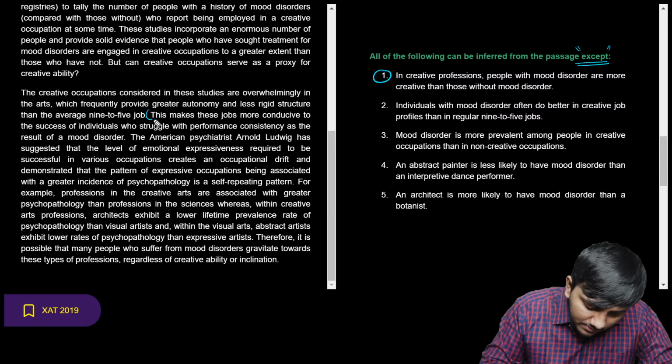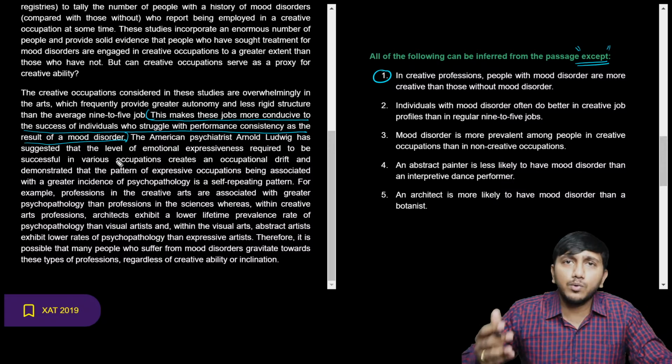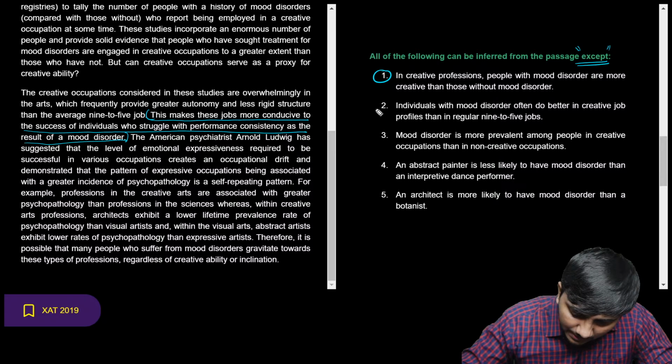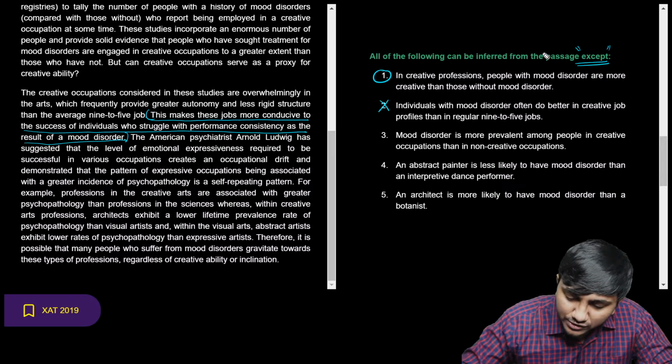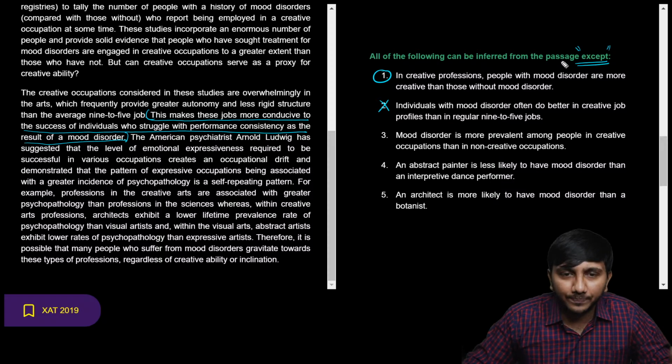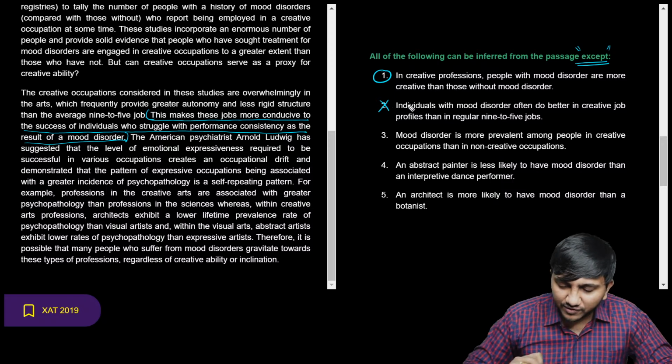This makes these jobs more conducive to success of individuals who struggle with performance consistency as a result of mood disorder. That's why more of them go to that kind of job and not to a regular 9-to-5 job. So this is something you can infer. We are looking at which of the following cannot be inferred basically, because that's what the question is asking. So this can be inferred. Second one can be inferred.